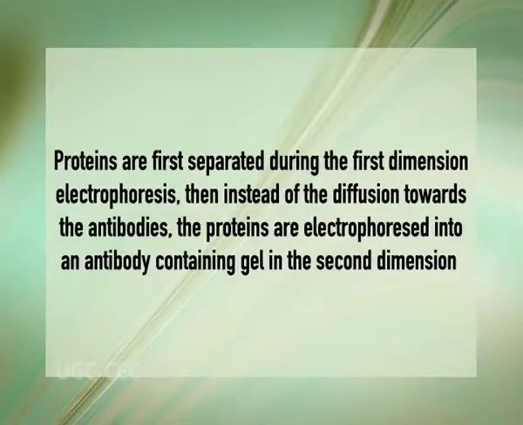In this method, the proteins are first separated during the first dimension electrophoresis, then instead of the diffusion towards the antibodies, the proteins are electrophoresed into an antibody containing gel in the second dimension.